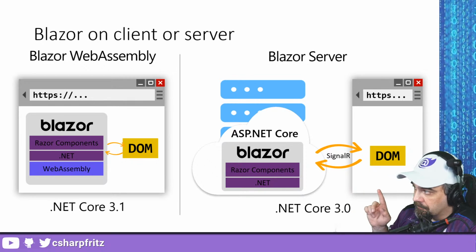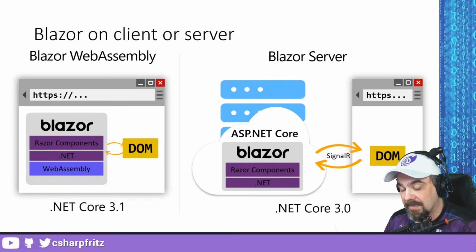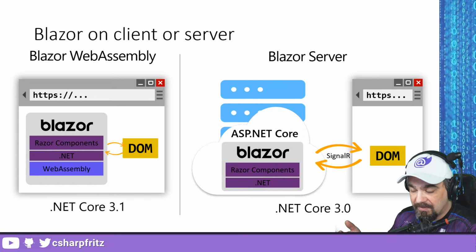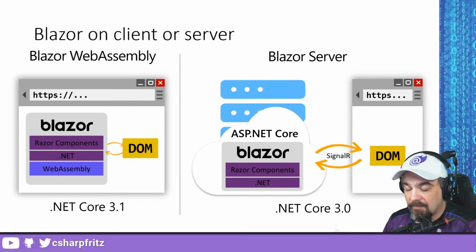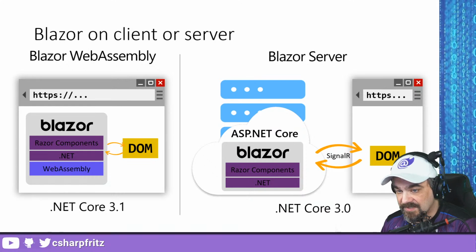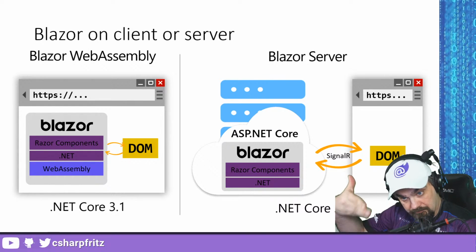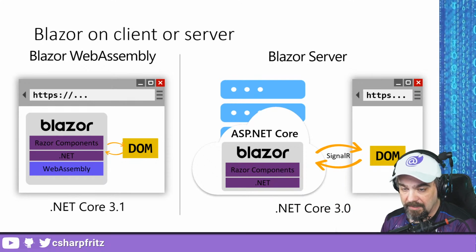Now, Blazor Server was made available as of .NET Core 3.0. That was back in September 2019. And Blazor WebAssembly was released just this past May. It sits on top of .NET Core 3.1. You'll see it with version number 3.2 in your project files. Now, Blazor WebAssembly is what we deem a current release.